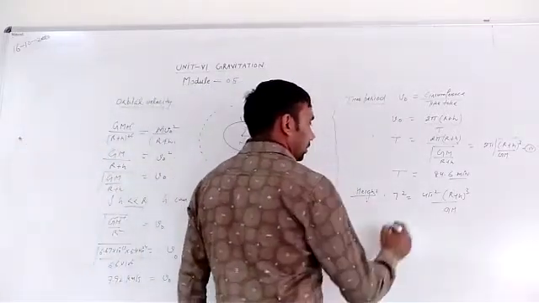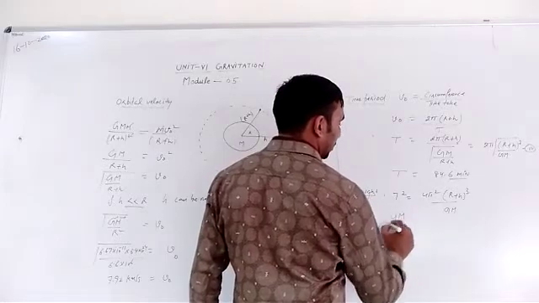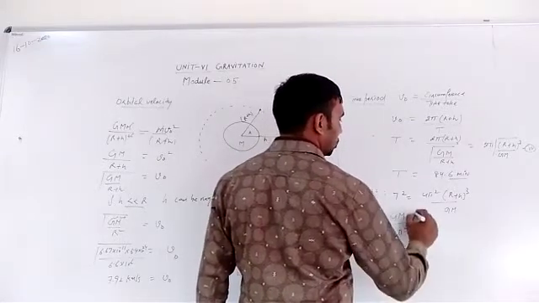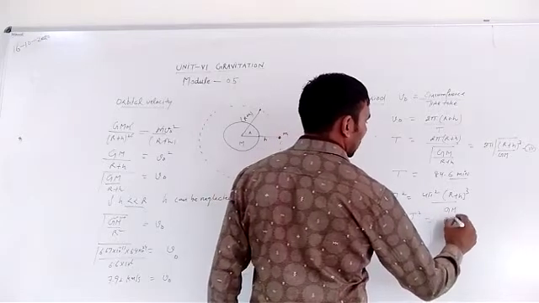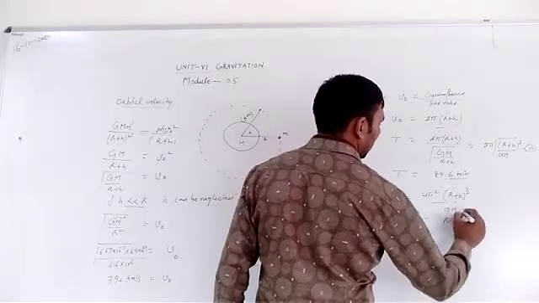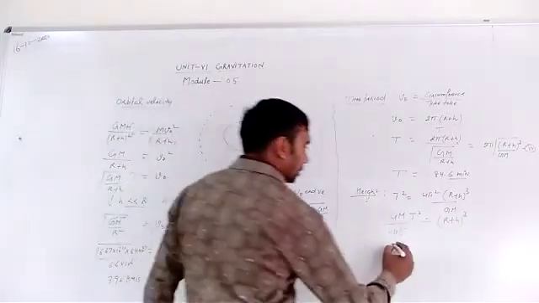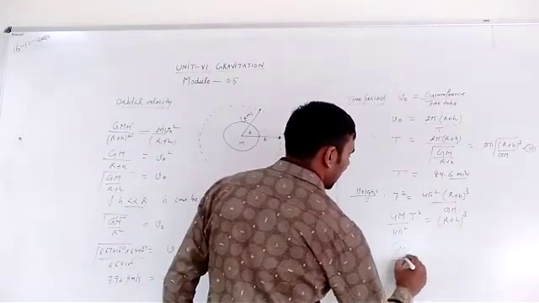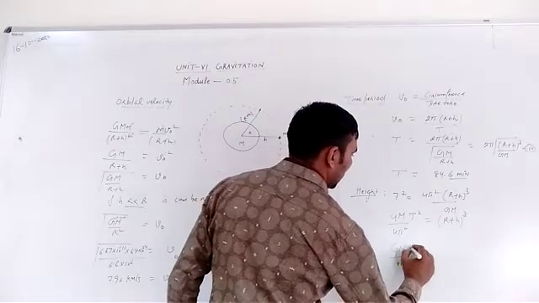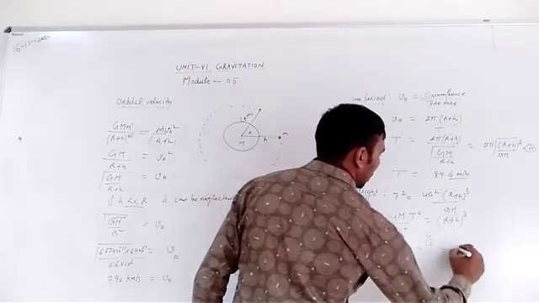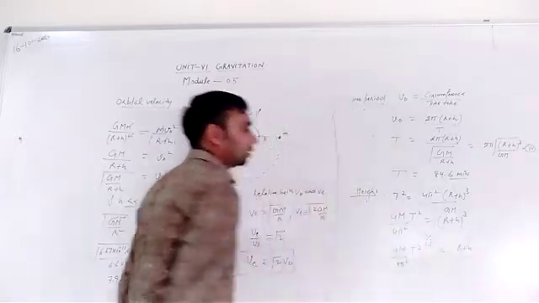Now, GM T square divided by 4 pi square is equal to (R plus h) to the power 3. Therefore, (GM T square divided by 4 pi square) to the power 1 by 3 is equal to R plus h.